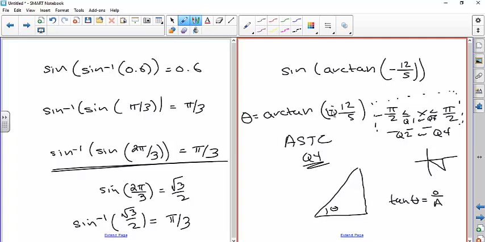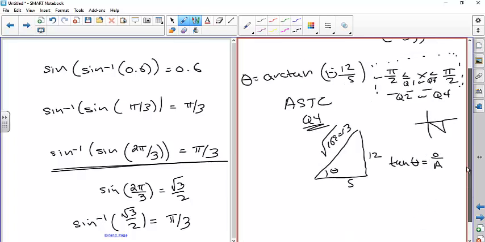So we don't worry about the sign here. We got the sign taken care of in this quadrant information. So the opposite is 12, the adjacent is 5. The hypotenuse is going to be the square root of 12 squared plus 5 squared. So that's the square root of 169, which is 13. So that gives you the hypotenuse.